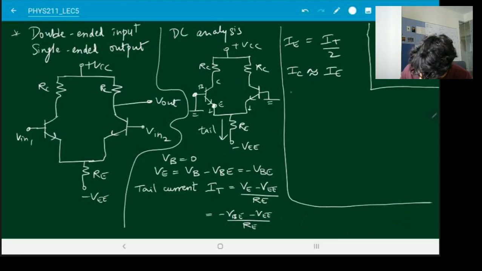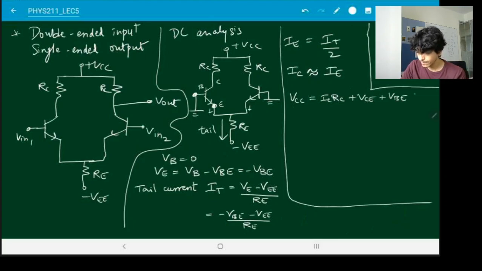And if you want to write down the load line equation, then VCC is going to be equal to ICRC plus VCE plus VBE plus VE.